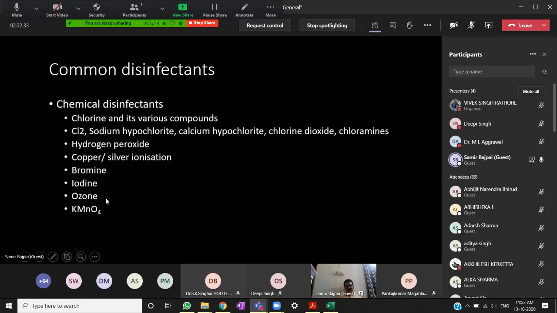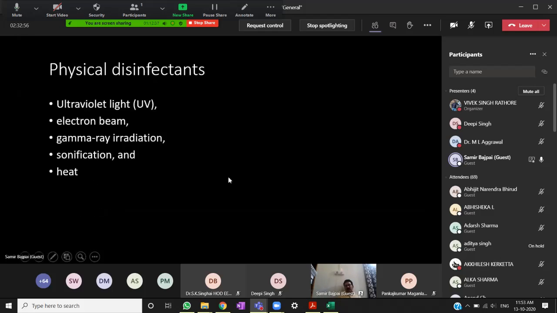Ozone is a very effective disinfectant. Potassium permanganate has been used since long to treat our dug wells, subsurface water. All these chemical disinfectants have some advantages, some have some disadvantages. Based on requirement, they are selected. Most common in India is chlorination.